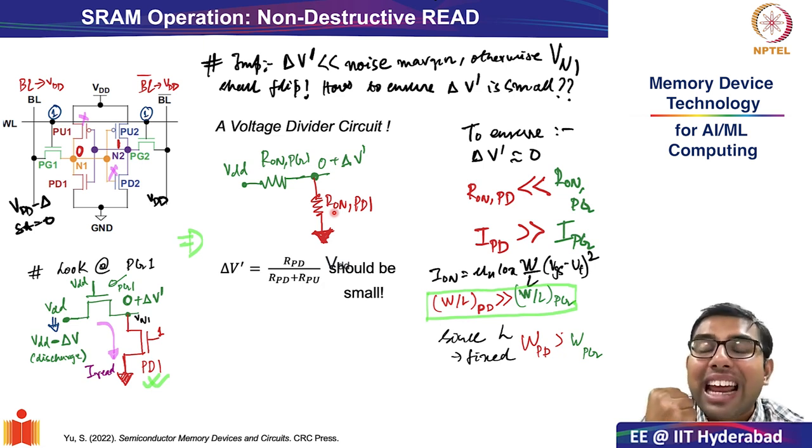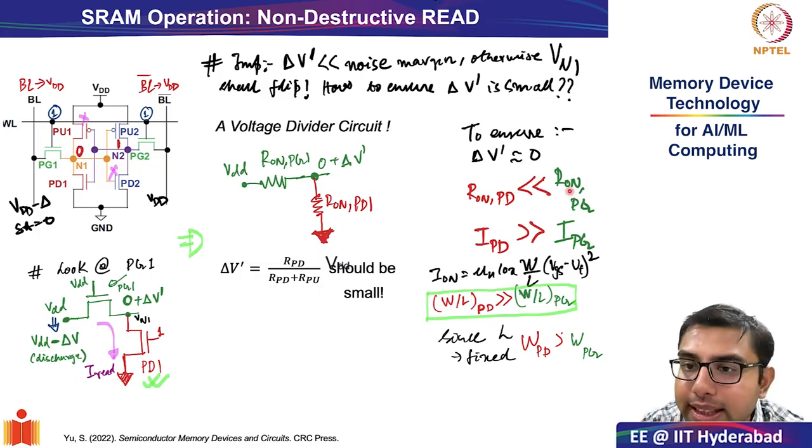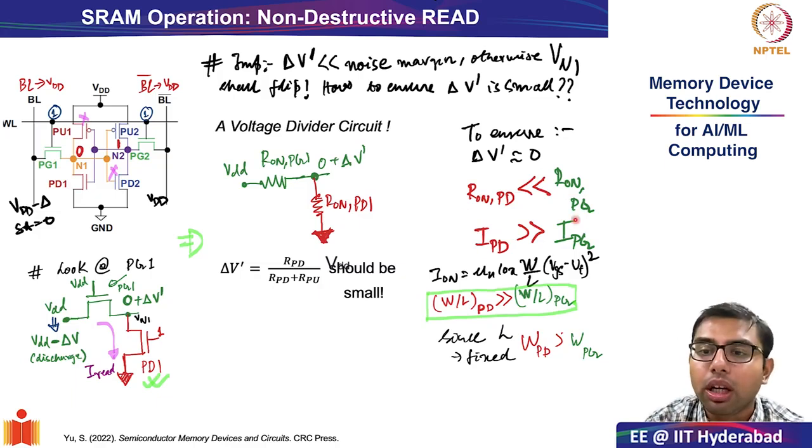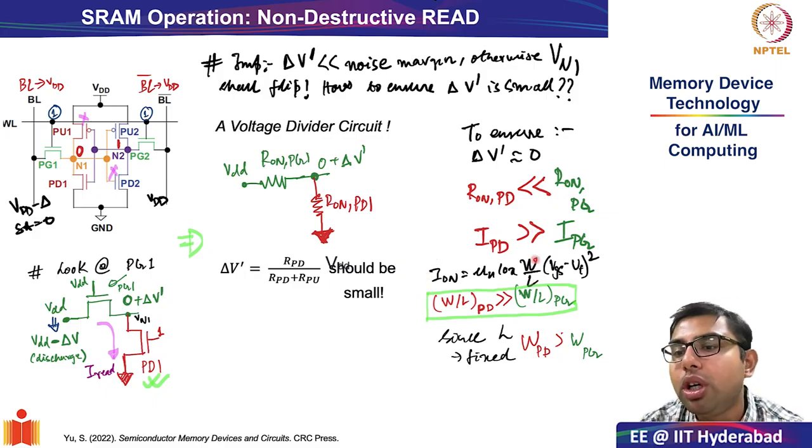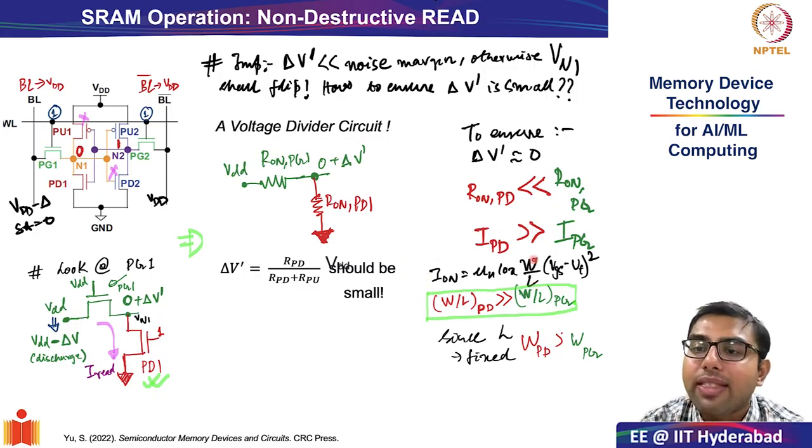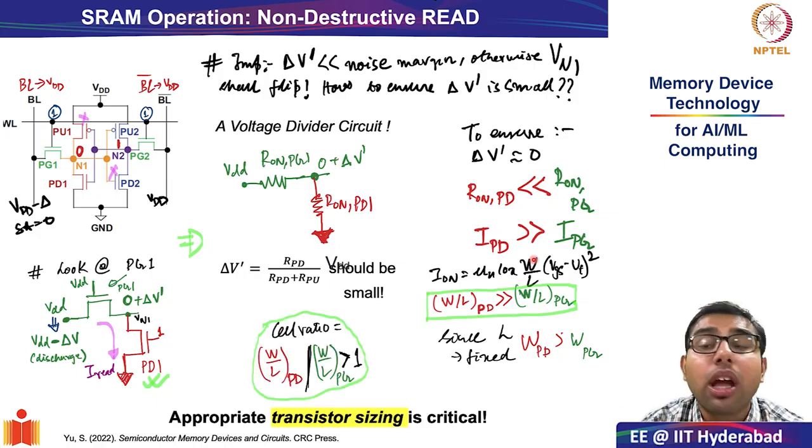Or it should have higher drive strength or lower on resistance, and this is the condition that we have mentioned here. As we know, the on state current of the transistor is proportional to W by L, and therefore we need to do appropriate transistor sizing between the pull down transistor and pass gate transistor.